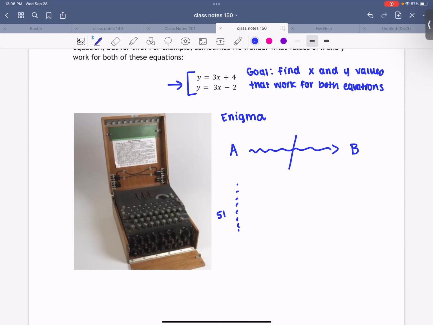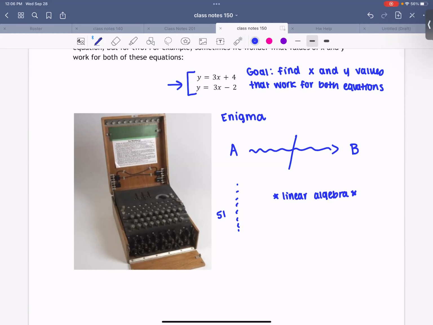So we would be solving a system of 51 equations with 51 different variables. It was very difficult, and it was actually something in the field of linear algebra. So if you ever take the class Linear Algebra, this is what you'd be doing, solving equations with a bunch of different variables and a bunch of different equations, figuring out what variables, what values work.